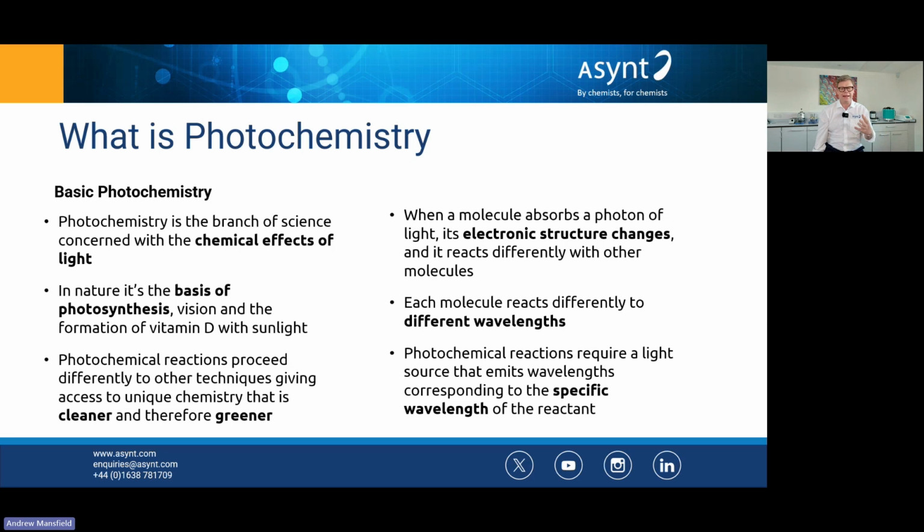So we really need to be selective in the wavelengths that we irradiate our reactions with to have some specific chemical pathways. So we need to have, ideally, a discrete wavelength, a single wavelength, to have any kind of control over our reaction conditions. And modern chemical apparatus allows us to do that.